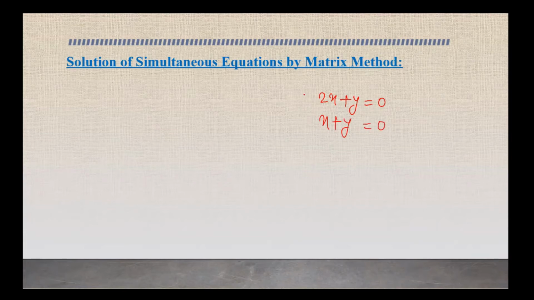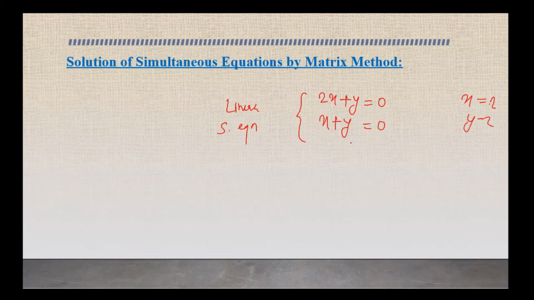If you observe, the highest degree of the variable is 1, so this is a linear equation, and there are two equations, therefore it is called simultaneous equations. Now we have to solve them, which means we have to find the values of the unknown variables x and y.